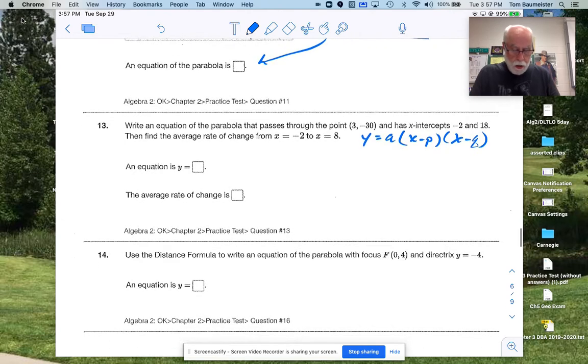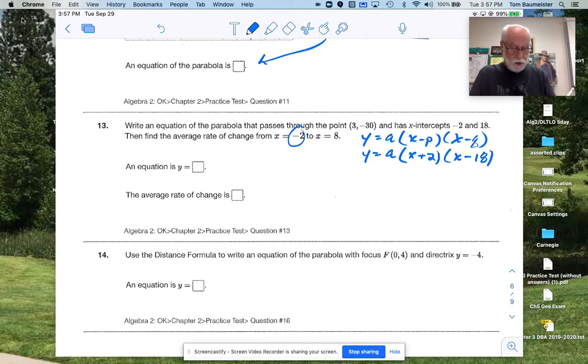Okay? So once they do that, we're going to just fill in our stuff. So I'll say y is equal to a times, remember, this one here is negative, so x minus a -2 would be x plus 2. All right. And then this one here will be x minus 18.